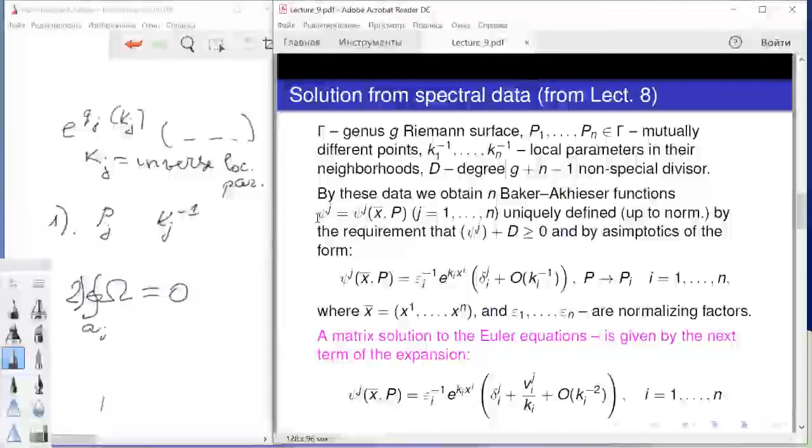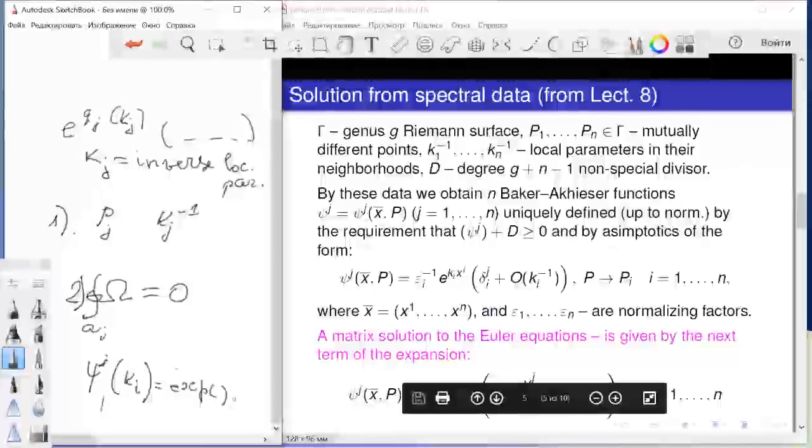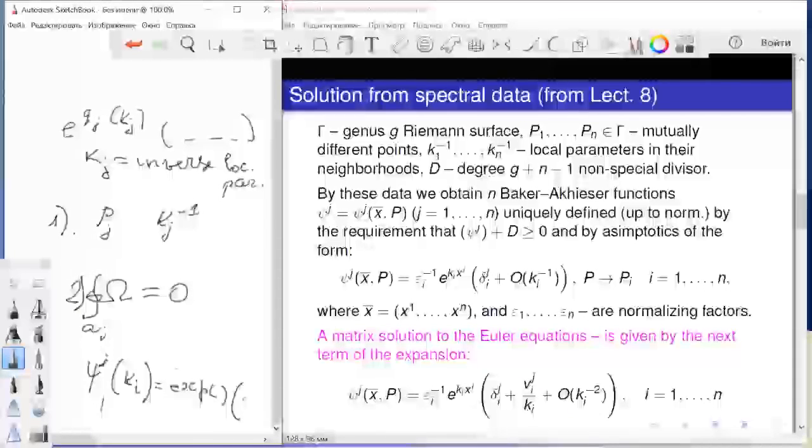And this normalization is the following: if we take psi j at the point k i, it is a certain exponential factor which I have written down many times already, and an expansion which starts from delta ij.